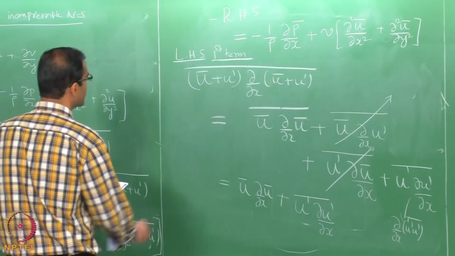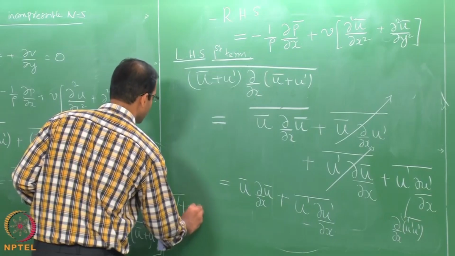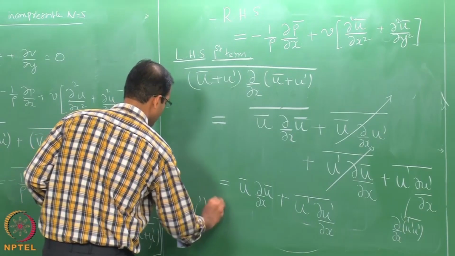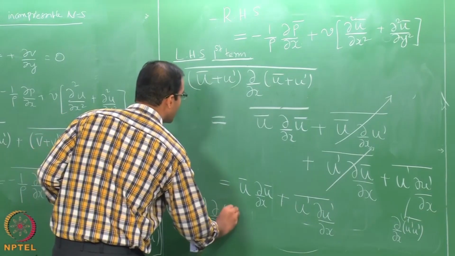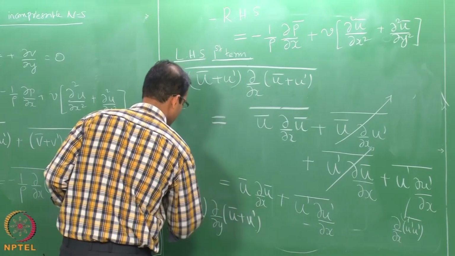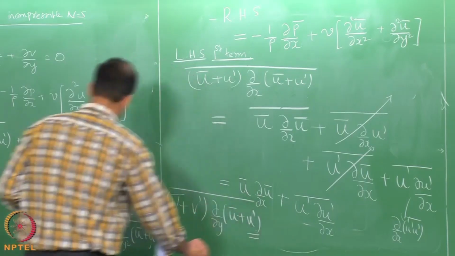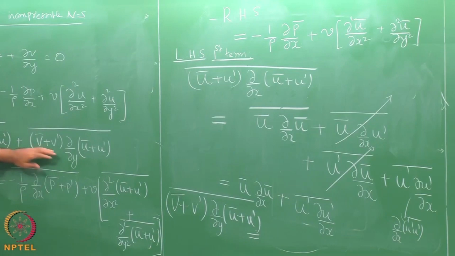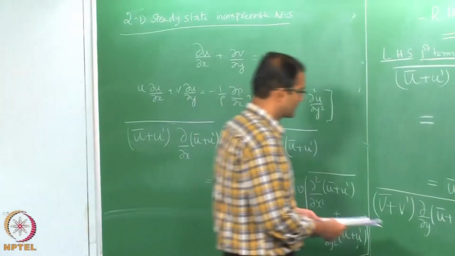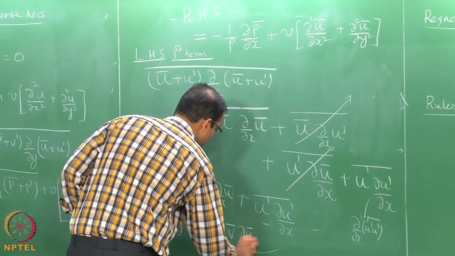So if you take the second term, we have v d by dy of u. What do you think will come out of this second term on the LHS? V bar dou u bar by dou y. That is correct.